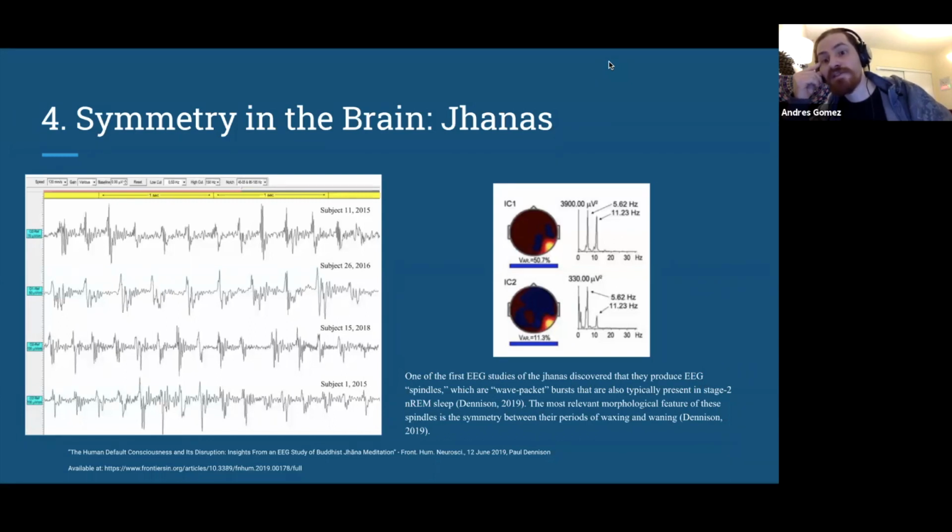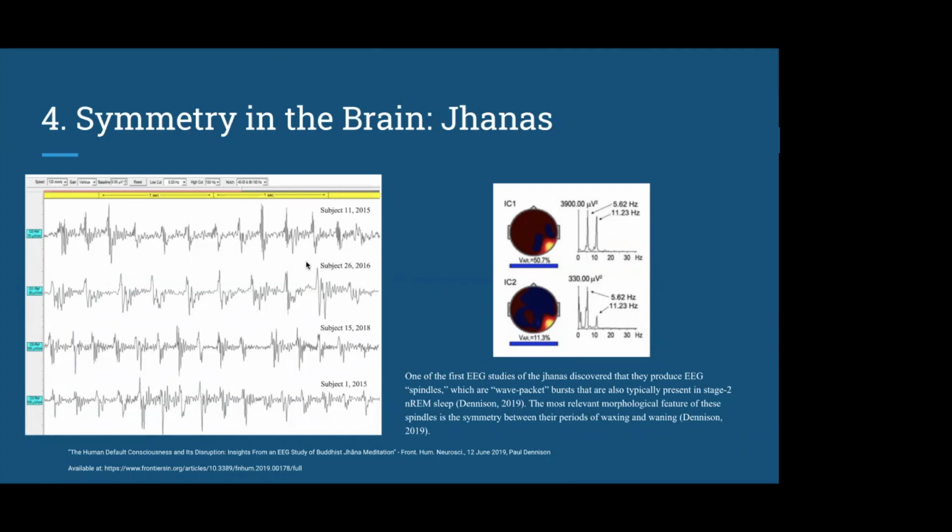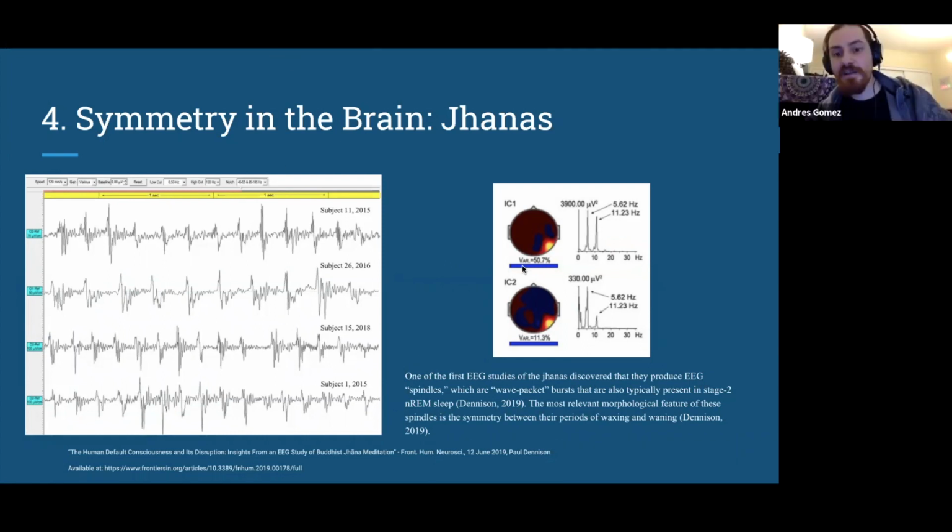But the type of seizure-like activity you see in Jhanas does have harmonic structure. The picture I'm showing here is the Fourier transform of the independent components, and you can see a very clean 5.6 hertz together with a harmonic of 11.23 hertz.